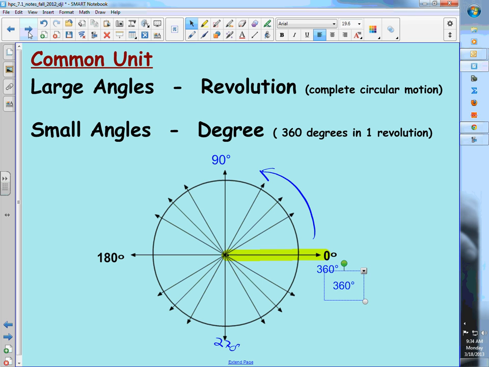Remember, angles start at horizontal right and go counterclockwise. Horizontal right, counterclockwise. Big angles, angles more than 360 degrees, we describe those in revolutions. How many times around did you go?